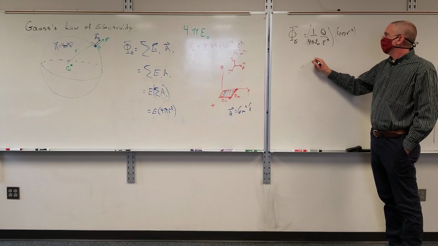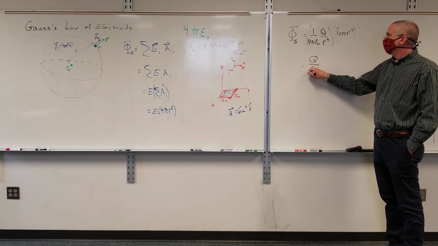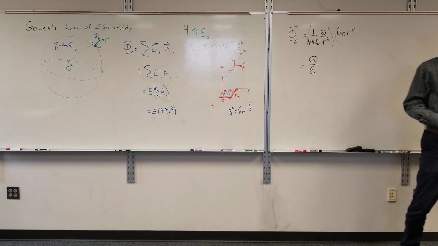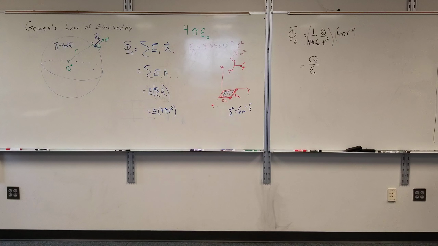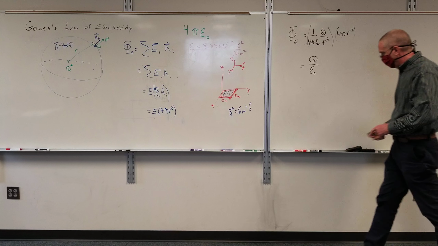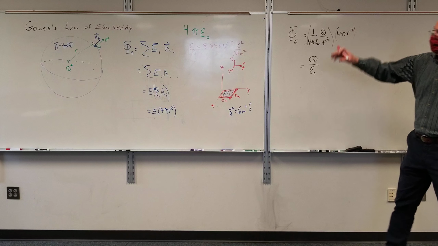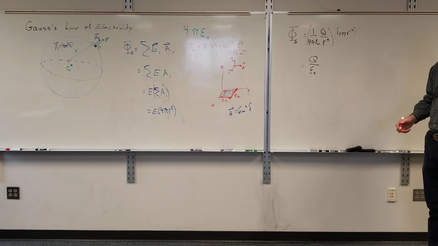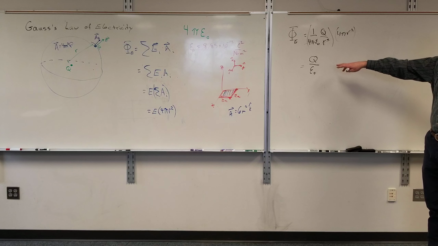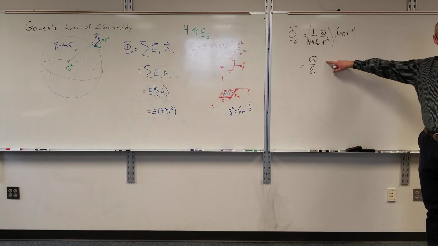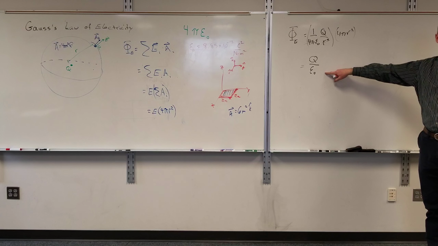I'm left with that charge in the middle over epsilon sub naught. Recognize that if I still had k in this problem, there'd be an extra factor of 4 pi showing up. So for a charge at some point in space, the flux is just whatever that charge is divided by this constant.